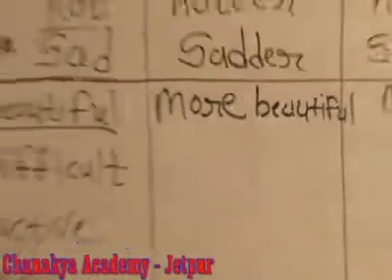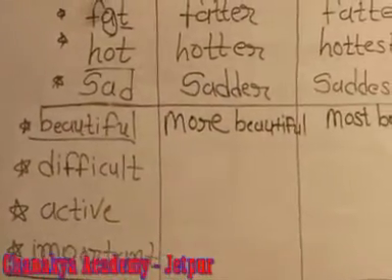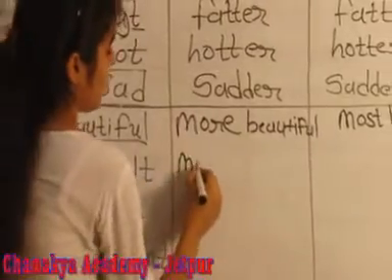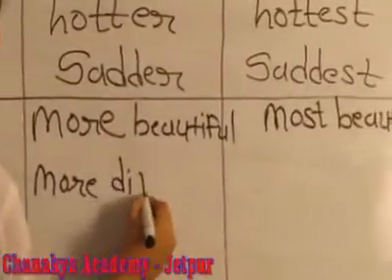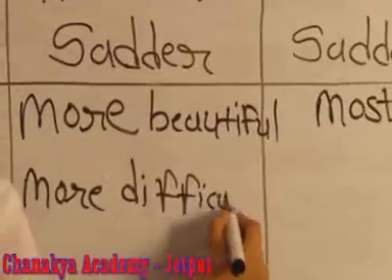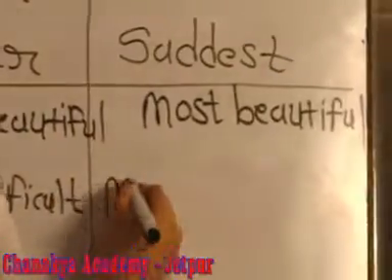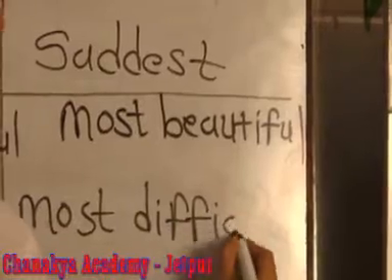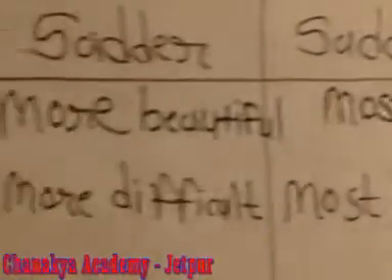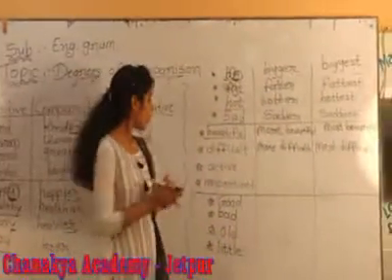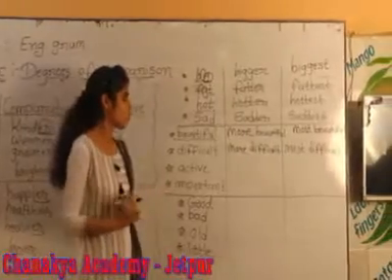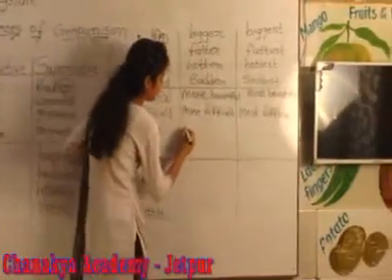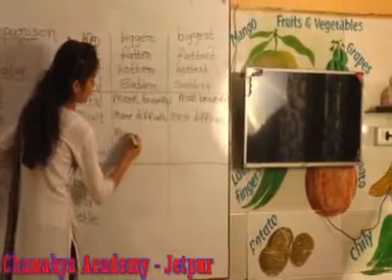Same as difficult, we can't make difficulter or difficultest, we have to make more difficult and most difficult. When we are talking about active and we have to compare in comparative degree, we have to put prefix more.